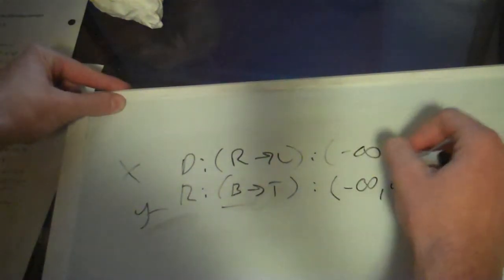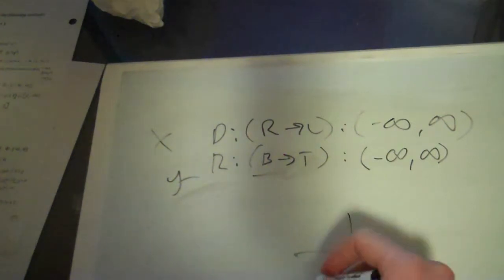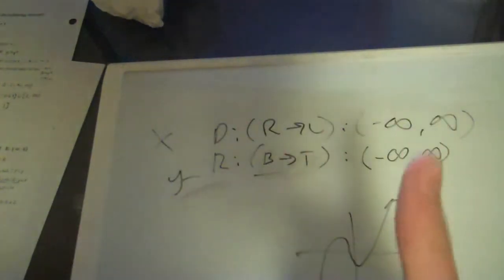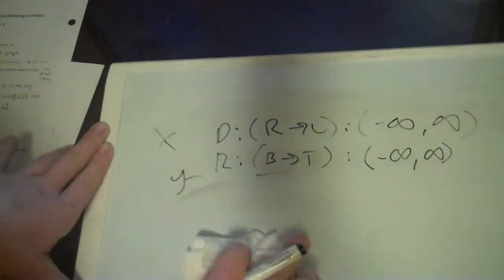This one is also going to stay like that because we know that our graph is limitless both in the x direction and the y direction. It's going up limitlessly and it's going left and right limitlessly. So that's why the domain, you don't really have a limit on this graph. You don't have a defined area that the function goes through.